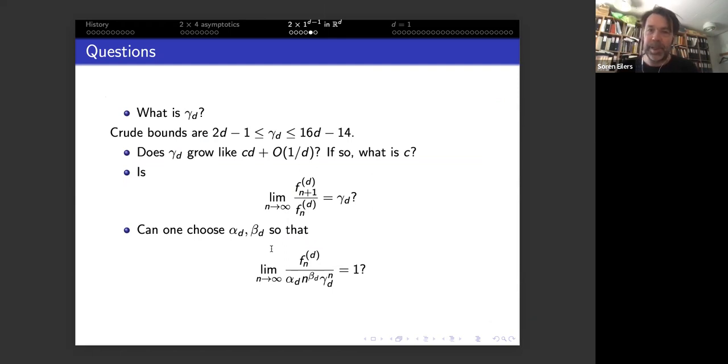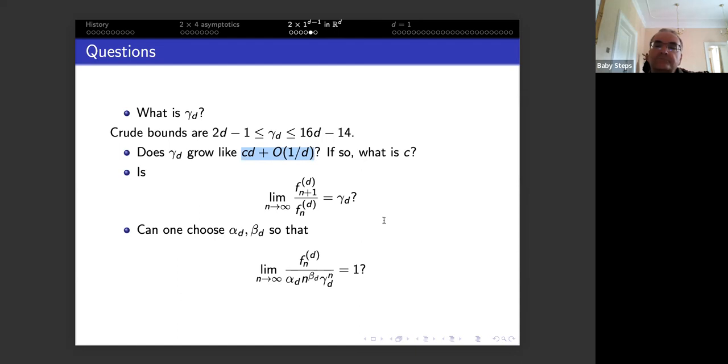This, I think, is to be expected if you look at similar physics problems. So what I mean by this, C D plus O of 1 over D, means that if you take the correct number and you subtract C times D for some constant C, you get something which goes to 0 roughly as fast as 1 over D.